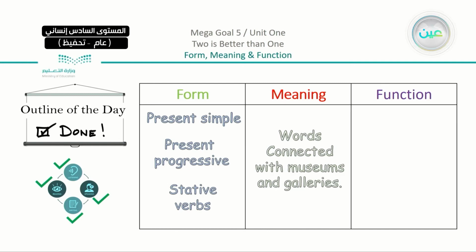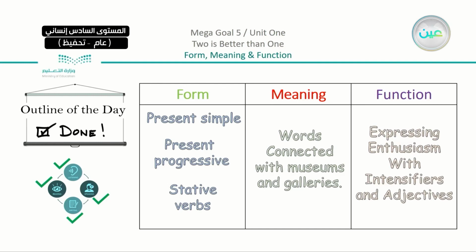And we have the part about spelling, just to make sure that you are writing correctly. Then in the other part, we have the meaning: words connected with museums and galleries. And we have covered the third and last part of the lesson, which is expressing enthusiasm with intensifiers and adjectives. So this is our lesson for the day.